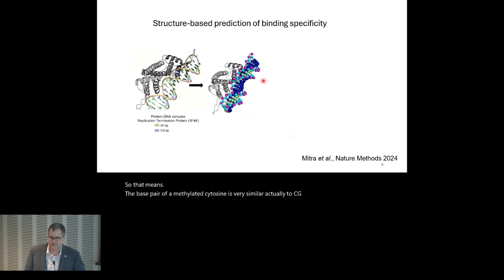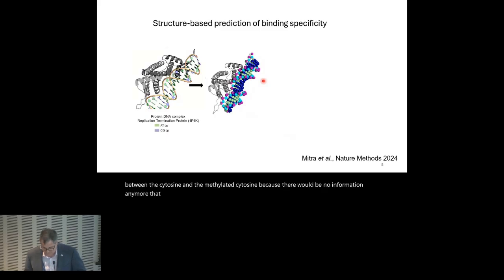But most people who use sequence would just replace the C with, for instance, M, and I would lose this connection between the cytosine and the methylated cytosine, because there would be no information anymore that these two bases are actually very similar and only differ in one functional group.